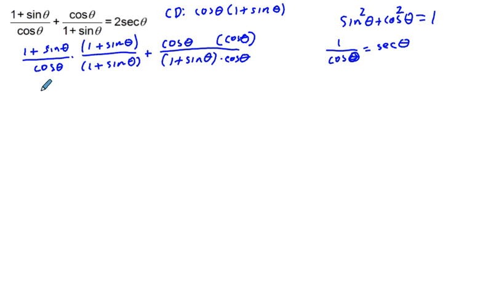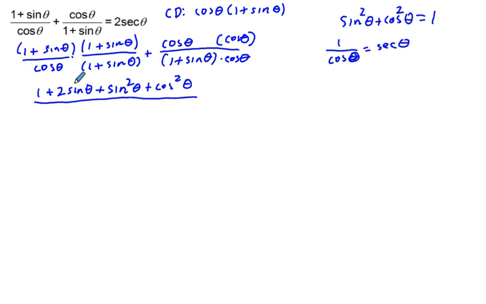So we have numerator 1, and we're multiplying these together. 1 times 1 is going to be 1, plus 1 times sine theta plus 1 times sine theta, so we have 2 sine theta, and then we have plus sine squared theta, and on the other part, cosine times cosine is going to be plus cosine squared theta, and then we're going to write our denominator here, cosine theta times quantity 1 plus sine theta.